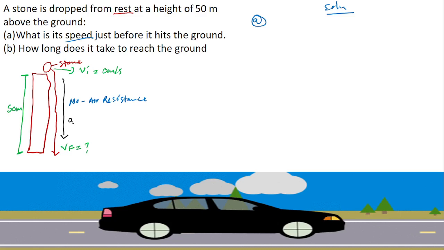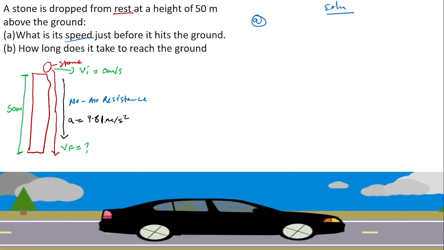According to the values you can be given, one of the values you expect is 9.81. So the acceleration which we can consider is 9.81, because this is equivalent to the acceleration due to gravity.